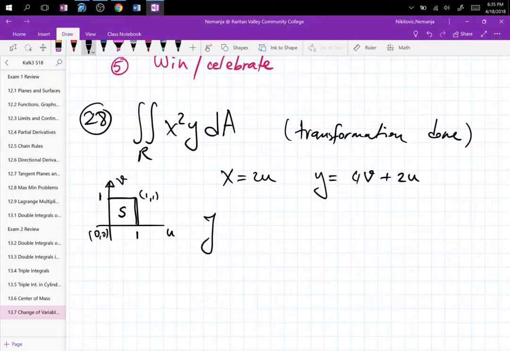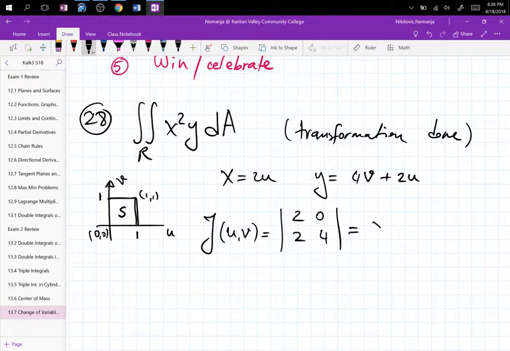So step 1 is done. Step 2, the Jacobian in u, v is partial x, partial u, that's 2. Partial x, partial v is 0. Partial y, partial u is 2. Partial y, partial v is 4. So the whole thing is 8.